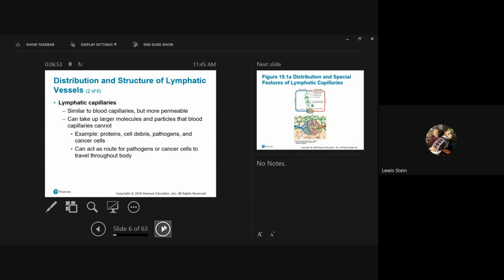More stuff can get in. They have valves, so they're similar to blood vessels in that way. They can take up bigger molecules and particles. So proteins, sure. Cellular debris, sure. The big problem is pathogens and cancer cells can travel there. That's why it's so important.